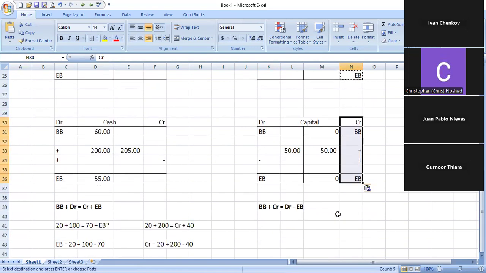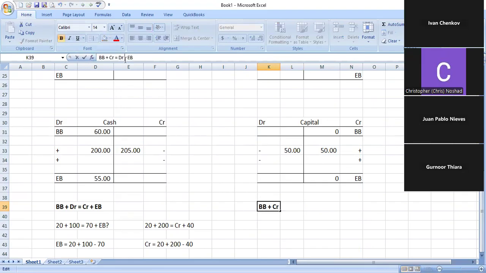I'm going to post this one so you can have it for your own purposes later. And now it makes sense. Beginning balance plus the credit is going to be equal to debit plus the ending balance. Plus, that's plus, not minus, plus the ending balance.